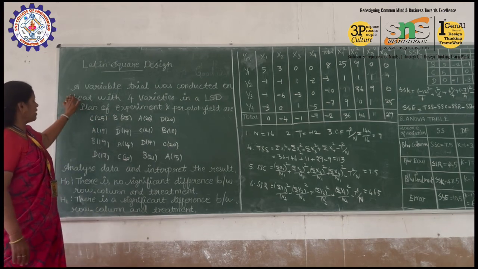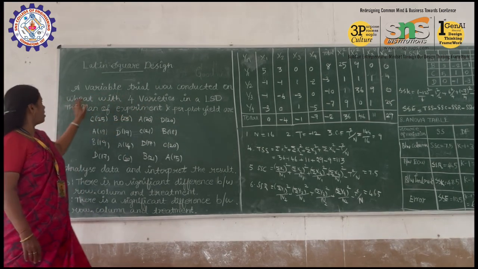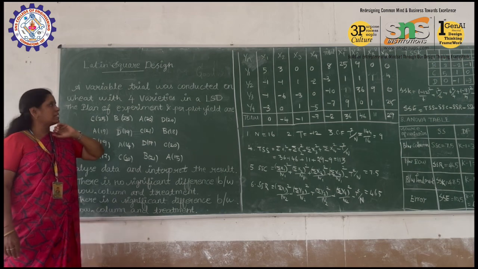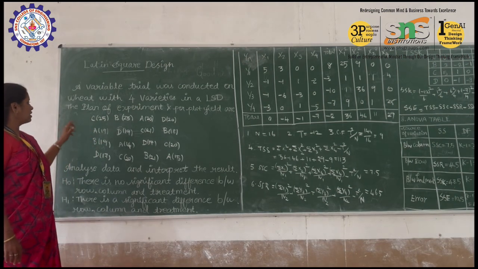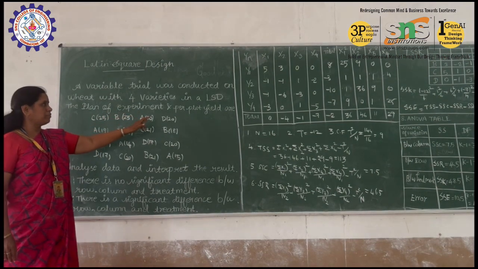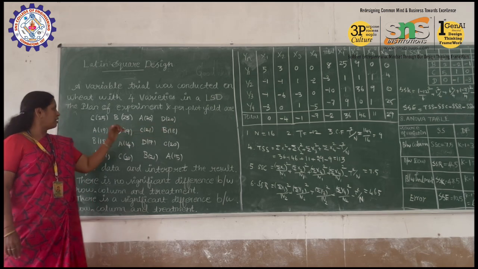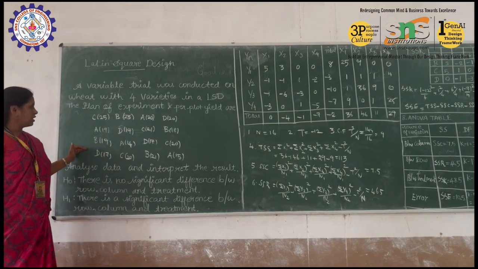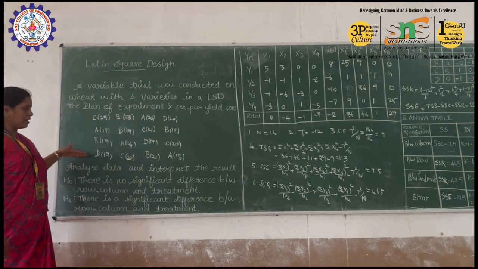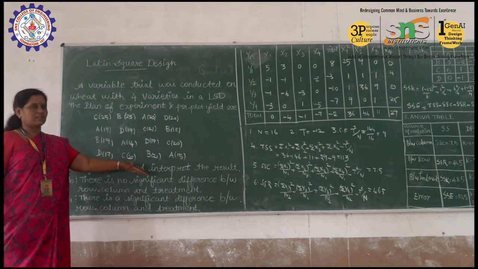Consider this problem. A variety trial was conducted with 4 varieties in a Latin square design. The plan of the experiment and per plot yield are given in the data. Here we are going to analyze and interpret the result.